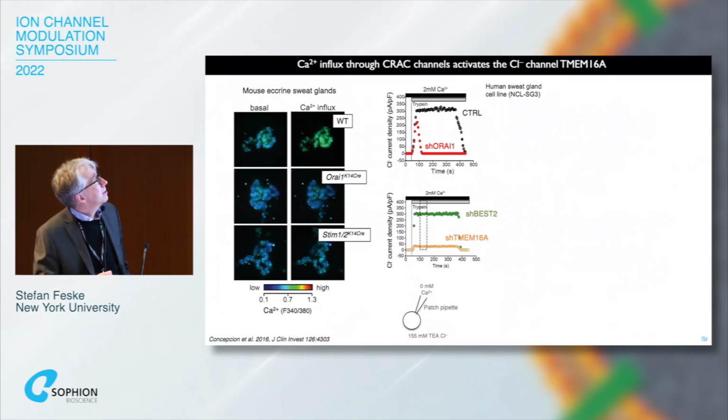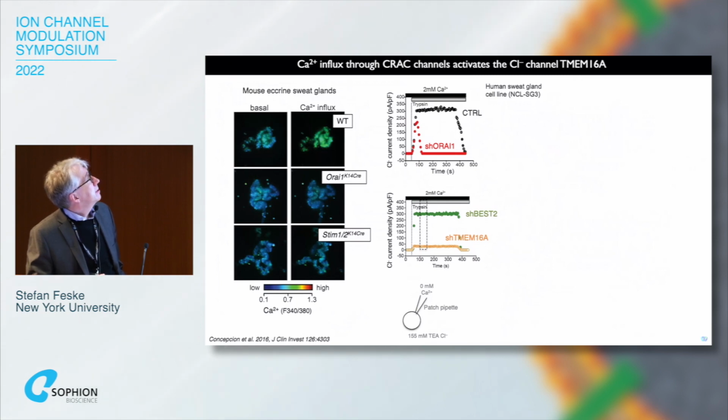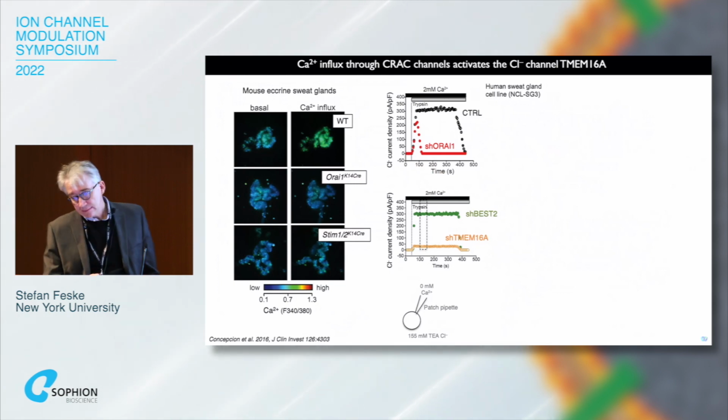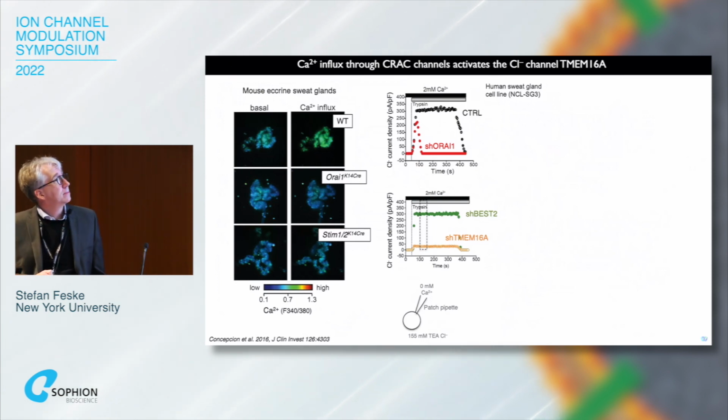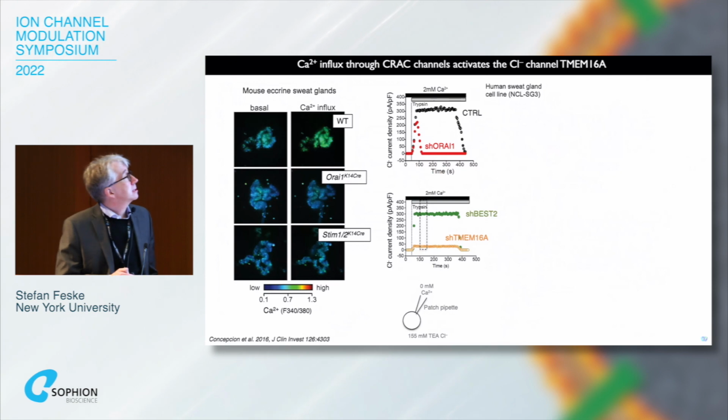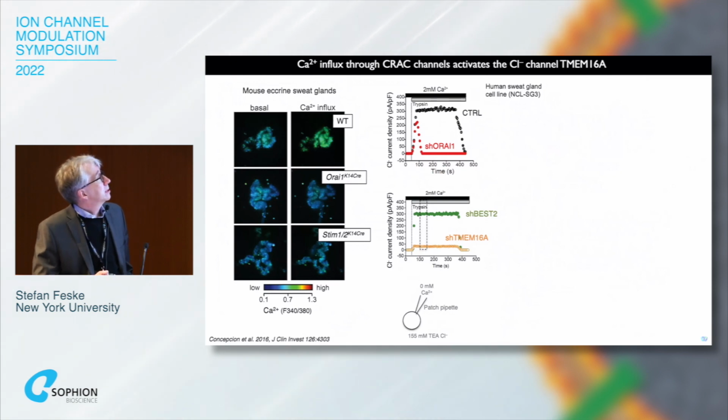And you see there's a very robust current here, but in the Orai-deficient sweat gland cell lines, there's only a transient current that's due to store release, we think, but then there's no sustained chloride current. And then we hypothesized there is likely a calcium-activated chloride current present in these cells that mediates sweat production.